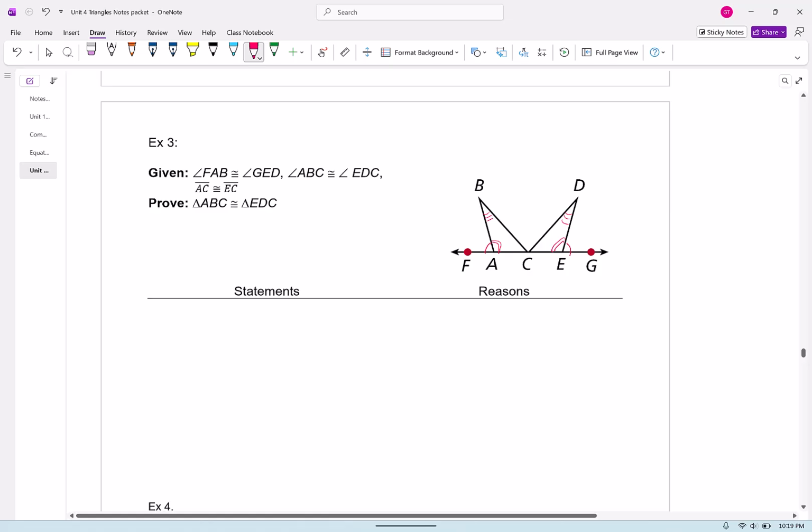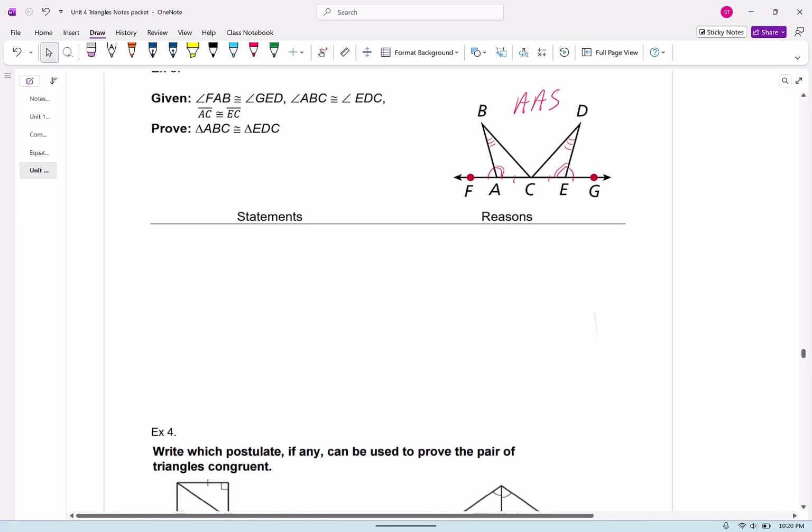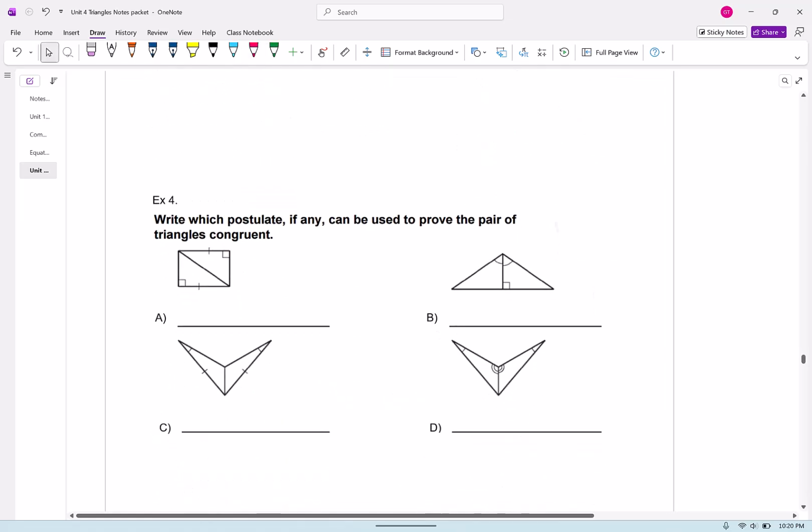And if AC is congruent to EC, well, then I got an angle, angle, side. Situation set up, and so this is going to end up being an angle, angle, side congruency. We could write that out in the statements and the reasons and all that kind of stuff. But essentially, if we can piece that together, then we can say what the reason actually is.